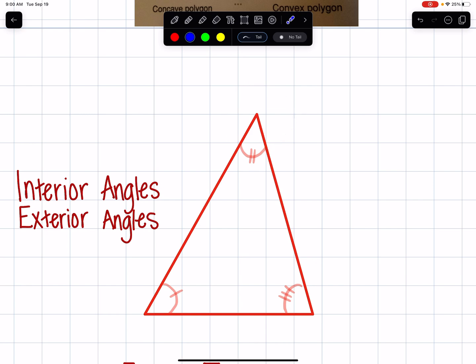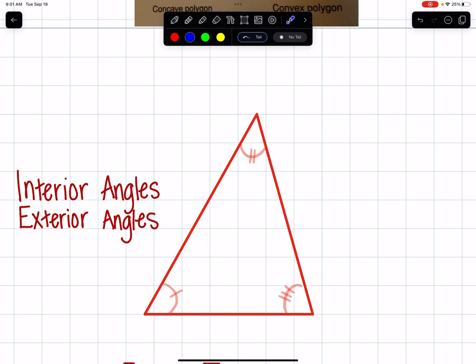The sum of these two angles at any vertex, like in any corner, is going to be 360 degrees, obviously, because it kind of makes a circle. Convex polygons have something different called an interior and an exterior angle at each vertex. And there's going to be actually 2 exterior angles at each vertex.